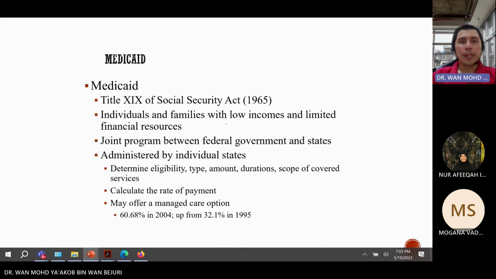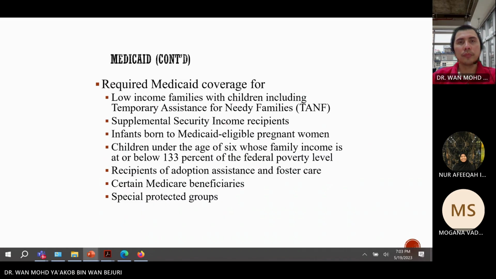In Medicaid, it focuses on individuals and families with low income and limited financial resources. It's basically a joint program between the federal government and the states, administered by individual states. For Medicaid, it requires coverage for low income families with children, including temporary assistance for needy families and supplemental security income repayment, and infants born to Medicaid eligible pregnant women.